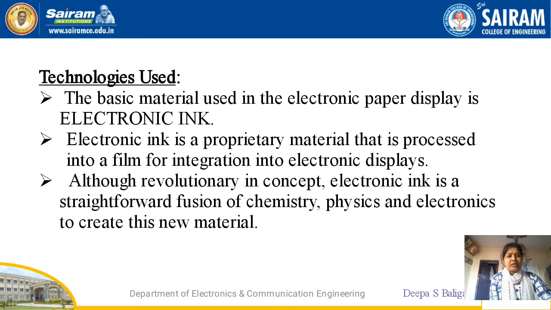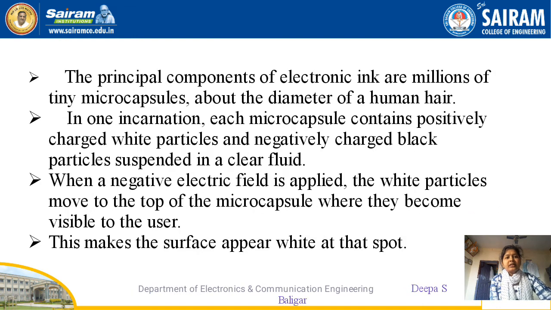Although the revolutionary concept of electronic ink is straightforward, it combines chemistry, physics, and electronics to create a new material. The technologies developed so far are Gyricon, electrophoretic display, electrowetting, electrofluidic display, and interferometric modulator.